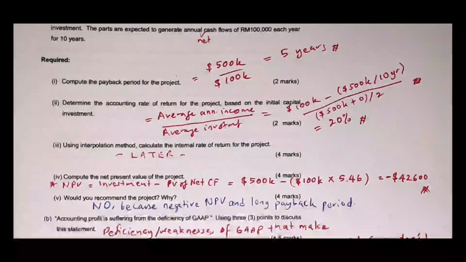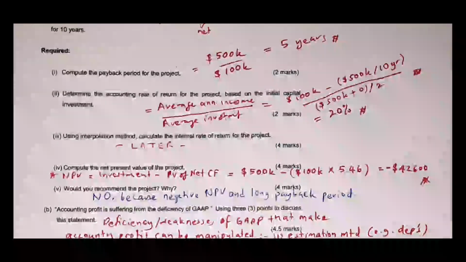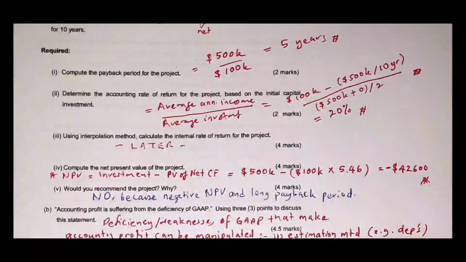So the net present value is positive, and this is supposed to show a good investment. The present value of cash flow that the company can get from the asset is like 546,000. It is higher compared to the initial investment of 500,000. So this is supposed to be a good investment.